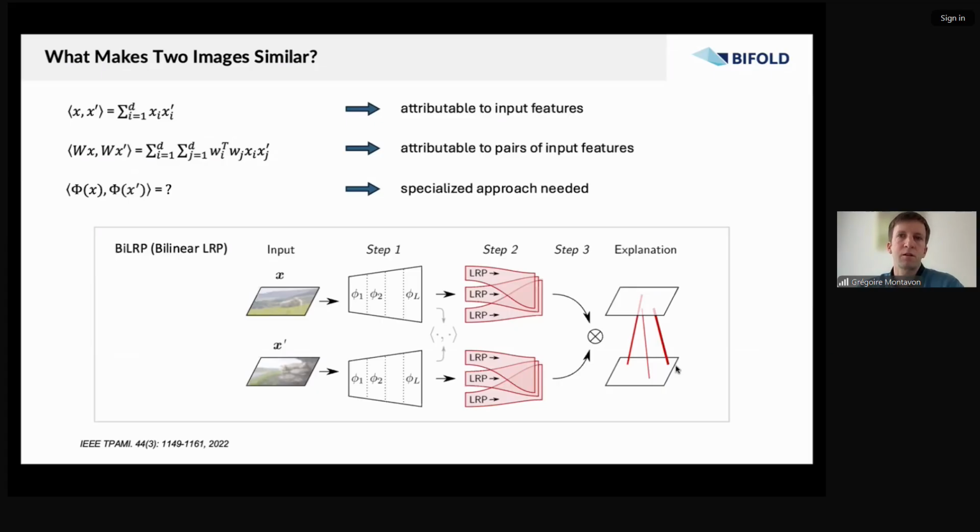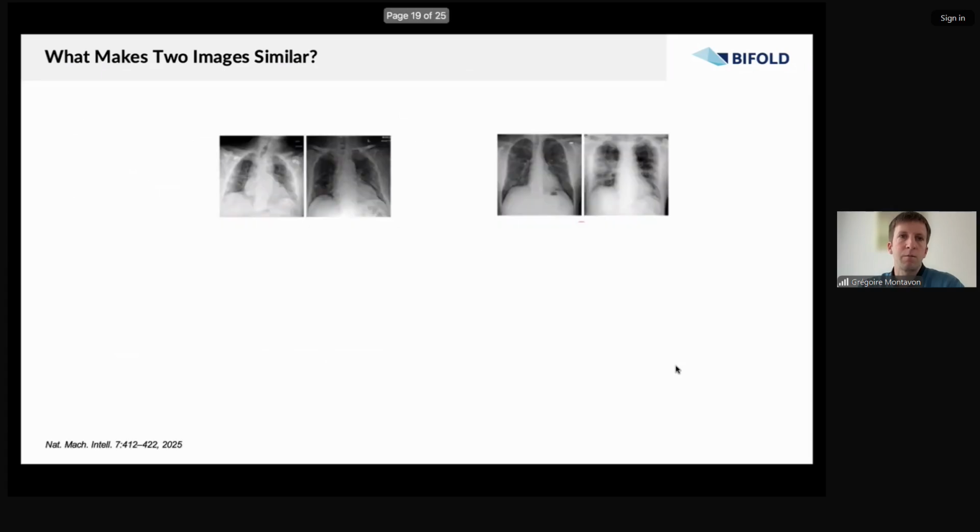So this is for the method, and now we try to apply this method to our specific task, which is to understand how specific foundation models for radiology build their representation. And we try one such model, which is the PubMed CLIP model, which is built on OpenAI CLIP.